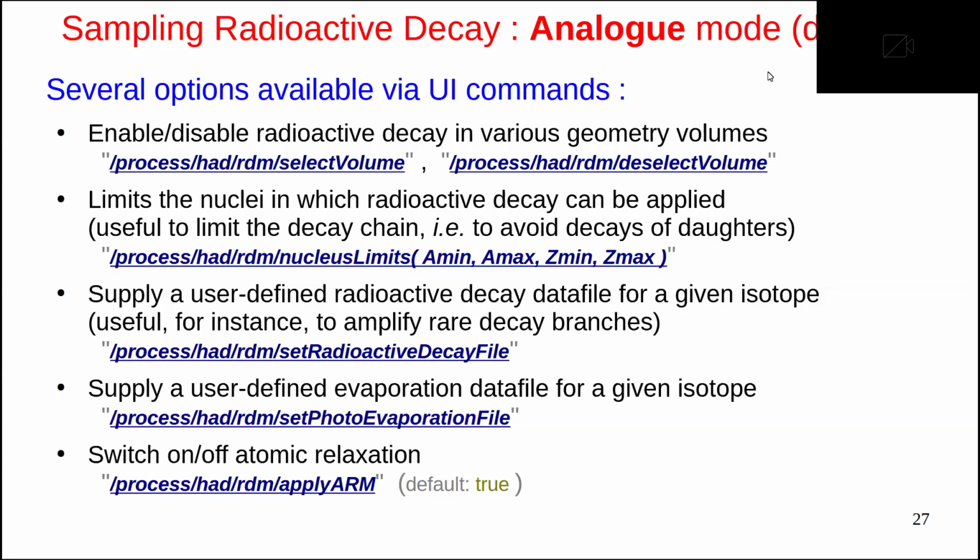You can also, if you have some reason for not using the one of Geant4, have your own data. Maybe you are coming from a laboratory where you have a precise measurement of a particular isotope, then you can specify that one. And you can also switch on or off, by default it is on, the atomic relaxation, all this reshuffling of orbital electrons to get to the ground state.